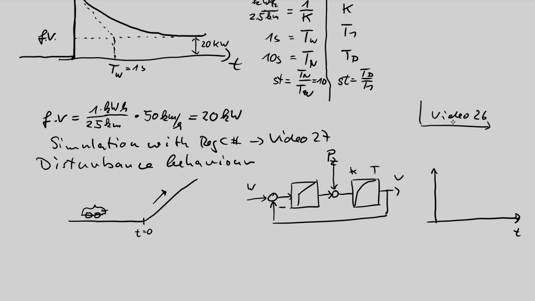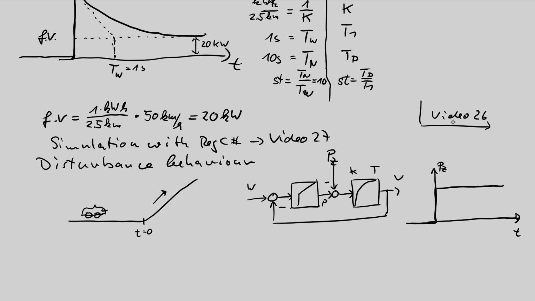I want to have a power signal which is negative because I'm driving up, so I subtract power from the motor power, so that the power which can accelerate and move the car is smaller. I want to have a power signal which looks like this. It's again a step function. Step responses are very good to calculate.